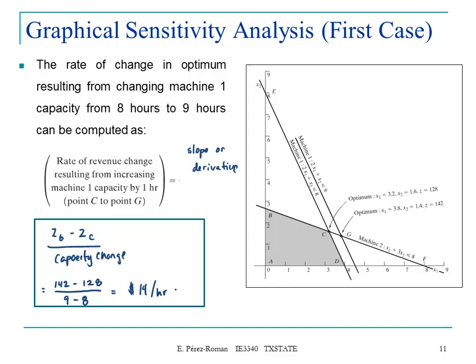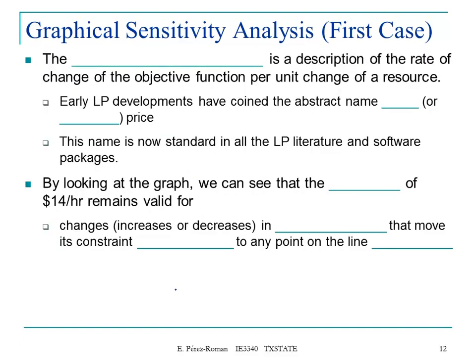Okay, so if you have not seen it before, one of the things that you can do using the derivative or the slope is that you can compute the rate of revenue change in a linear program. So the unit worth of a resource is a description of the rate of change of the objective function per unit change of a resource.